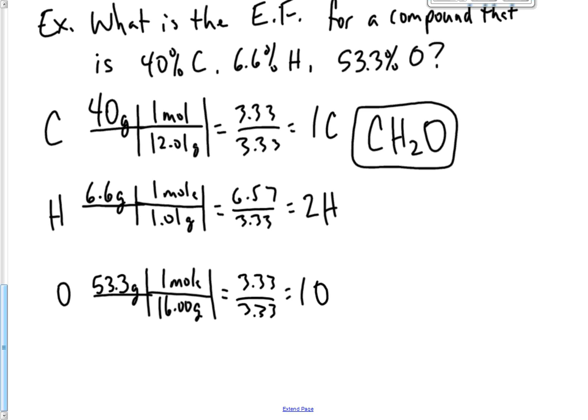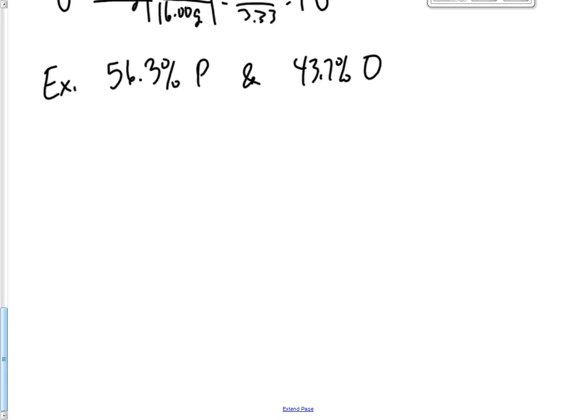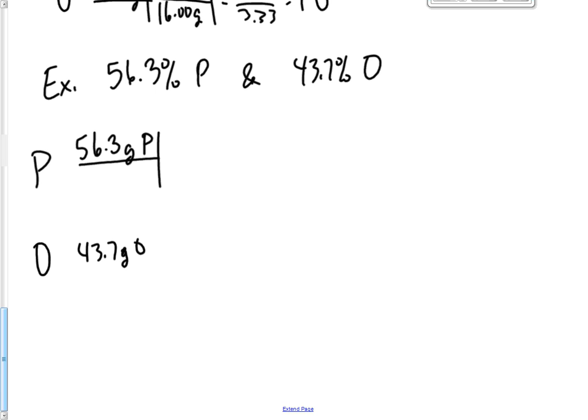Let's do one more example because there's one thing that I want to show you that could mess you up a little bit. So our last example, we have something that is 56.3% phosphorus and 43.7% oxygen. So the steps are going to be the exact same. So we have 56.3 grams of phosphorus and 43.7 grams of oxygen.